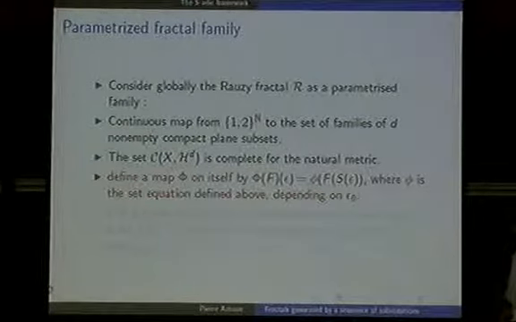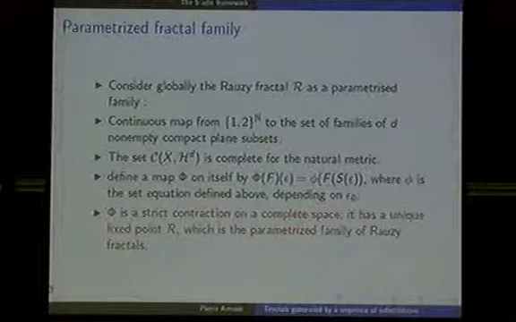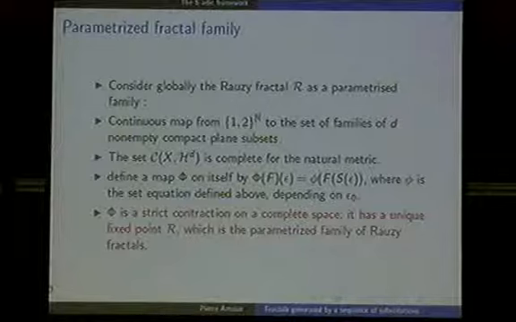It took me some time to understand how this works, but now that you have understood what this object is, there is nothing to say, because this is obviously a strict contraction, so it has a unique fixed point, and this defines immediately all the Rauzy fractals for all the possible sequences of substitutions.